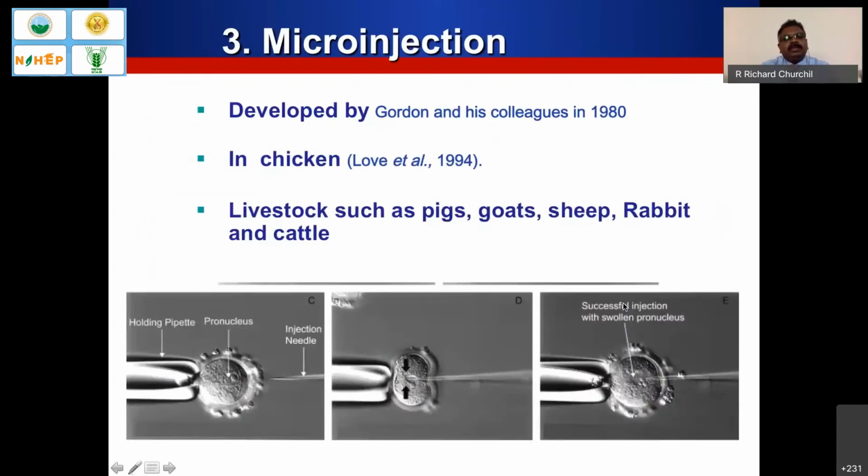Now coming to the third method, microinjection. This method is very much practiced in animals like mouse and rat. It is very simple. A microinjection station is needed for this, where the embryo is held with the holding pipette, and this is the injection needle containing the foreign DNA, a few hundred copies of foreign DNA.